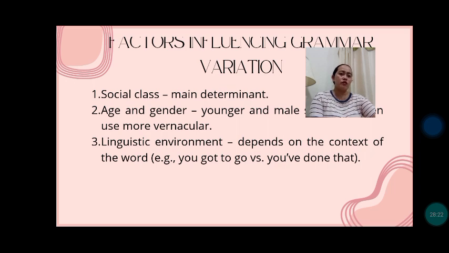Then we also have the linguistic environment. It depends on the context and usage. For example, people say "you got to go" instead of "you've got to go," depending on the setting or the word's position in the sentence.